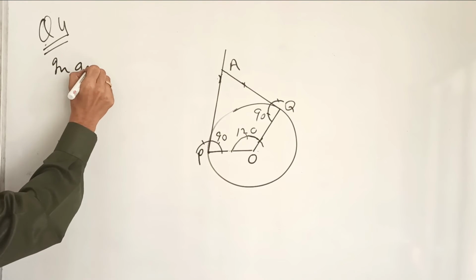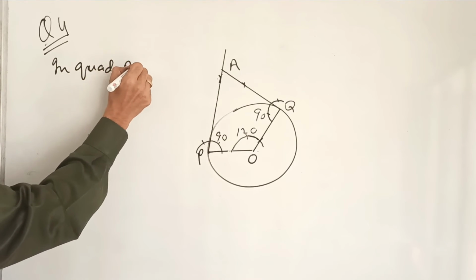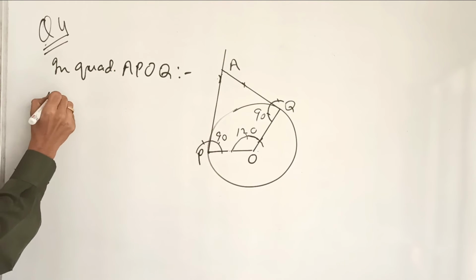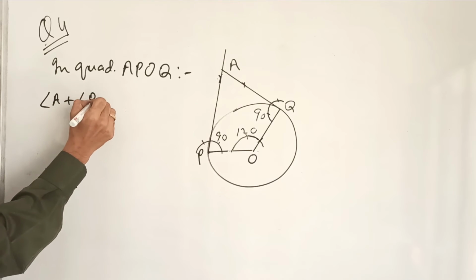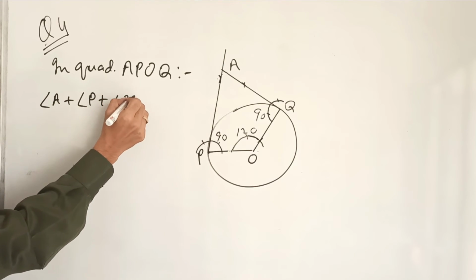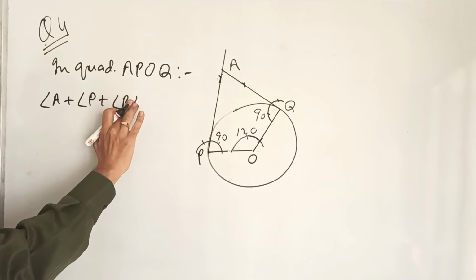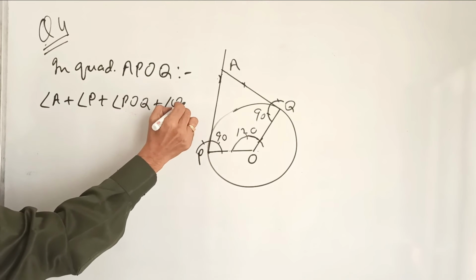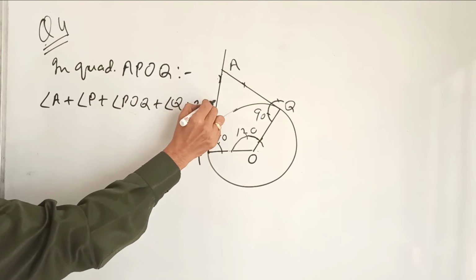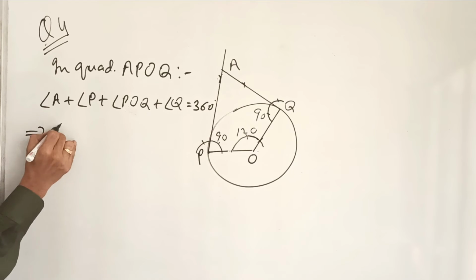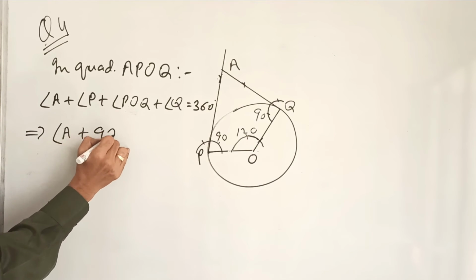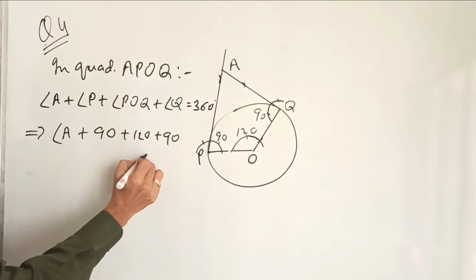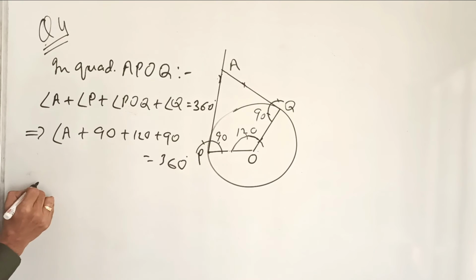Quadrilateral APOQ, by the angle sum property: angle A plus angle P plus angle POQ plus angle Q is equal to 360 degrees. So A plus 90 plus 120 plus 90 is equal to 360 degrees.